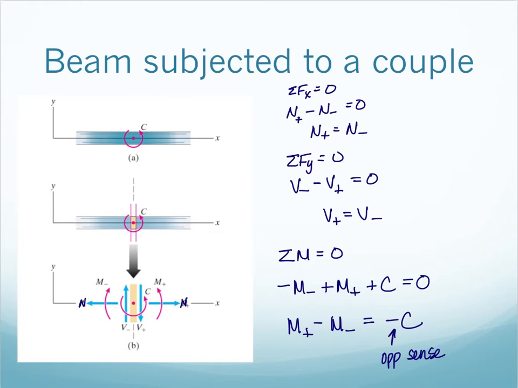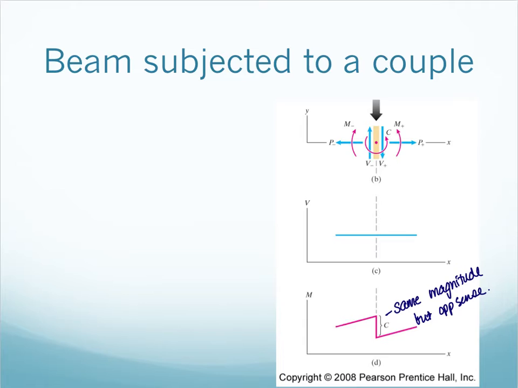What we found when the beam was subjected to a couple is there's a discontinuity in the bending moment diagram, but the interesting thing here is that the discontinuity has the opposite sense of the direction of the couple that was applied. So in this picture, the couple that is acting on the beam has a positive direction.